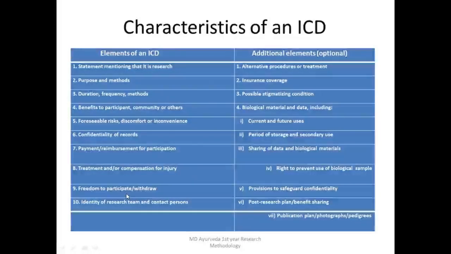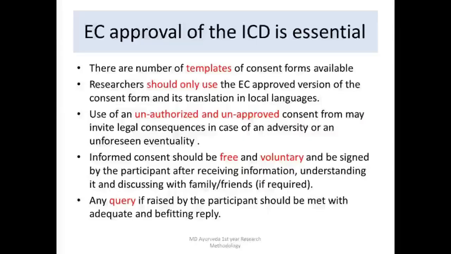Freedom to participate or freedom to withdraw at any point of time during the trial. And the identity of the research team and contact person. This is also very important: every research participant should be given the contact details of the research team and the immediate contact person in case any problem arises during the trial.